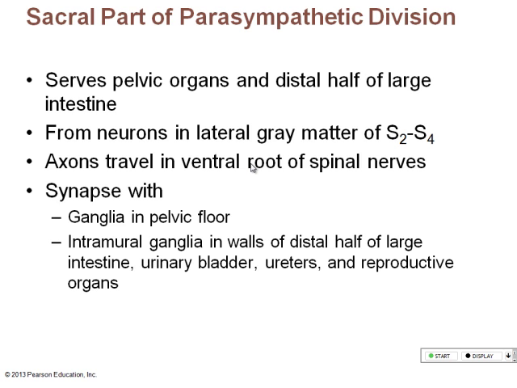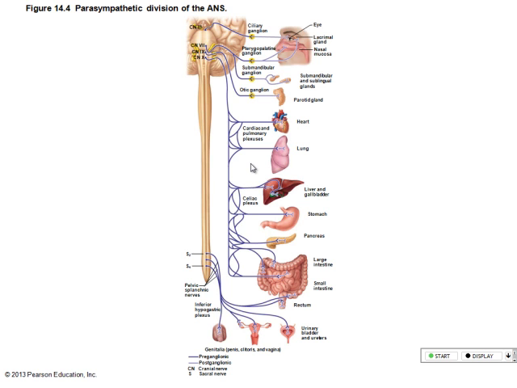So we see things like the urinary bladder, ureters, reproductive organs are under control of the sacral part of the parasympathetic division. On page 528, figure 14.4, we see some of the innervation of S2 and S4.